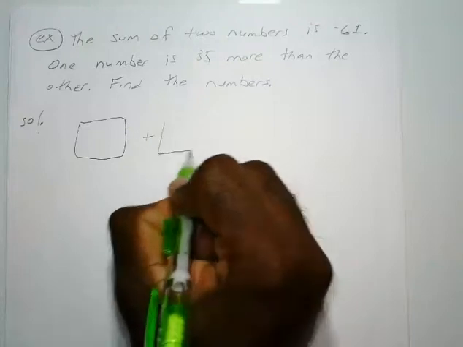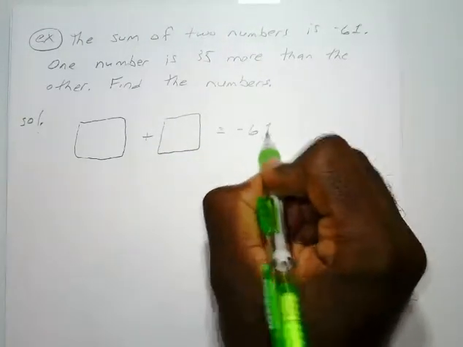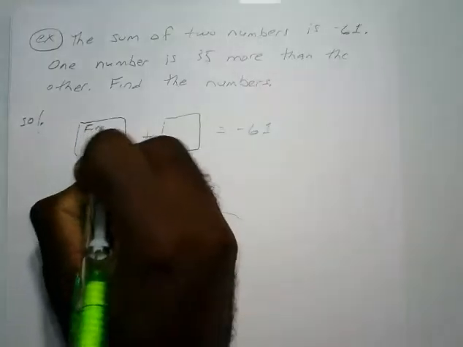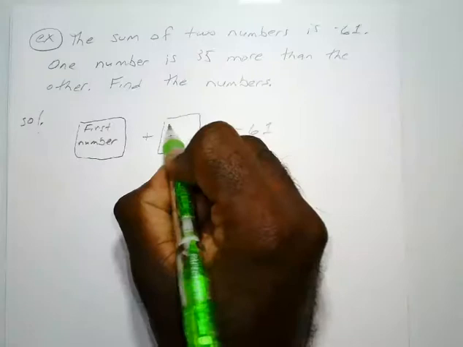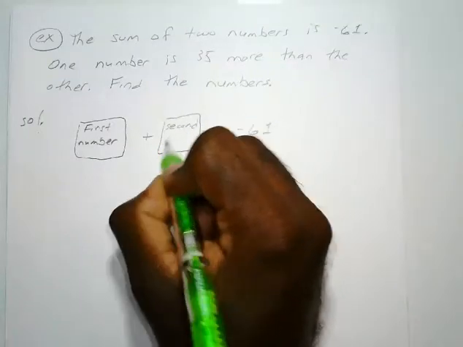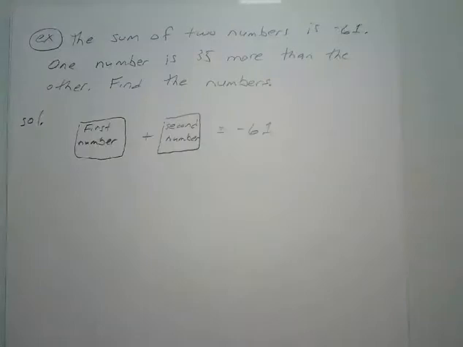So if we know the sum of two numbers is negative 61, then we know our first number plus our second number equals negative 61. Like I say, you may not need that, but sometimes it just helps to visualize it.